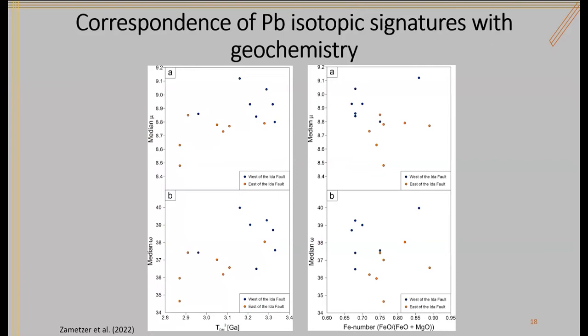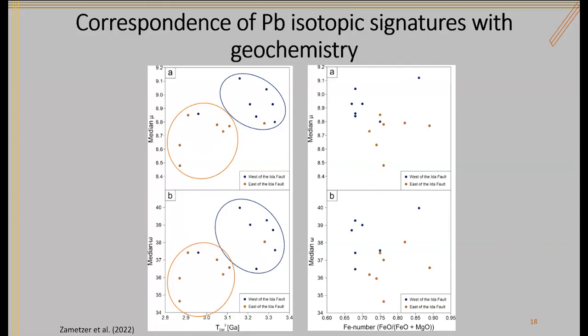After this little excursion into uranium lead geochronology, I'll circle back to the source tracking aspect of the lead isotope system. And it's interesting to look at the lead isotope derivative parameters in relation to some geochemical parameters. There is a correlation between neodymium model ages that we've got for our sample set as well, and mu and omega.